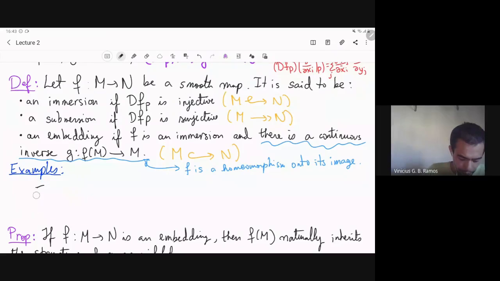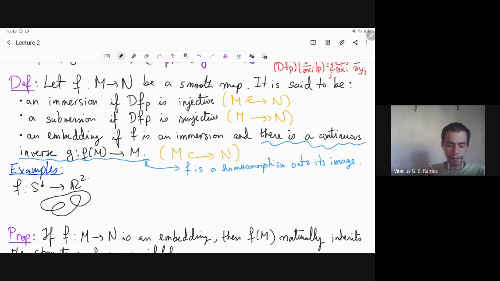So basically you have a function from S1 to R2, and the image of this function, say something like this, and you can do this in such a way that the derivative of this f is always non-zero, which means you travel along this curve and you never stop.